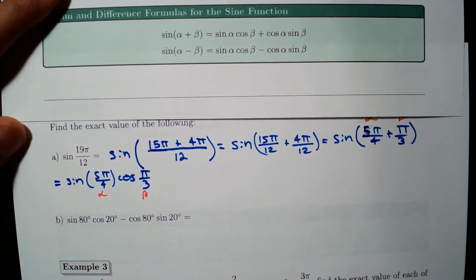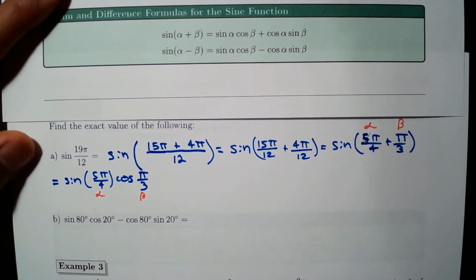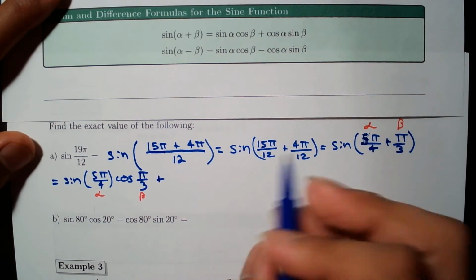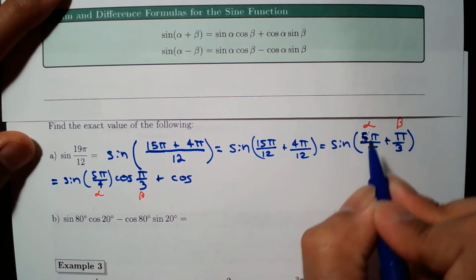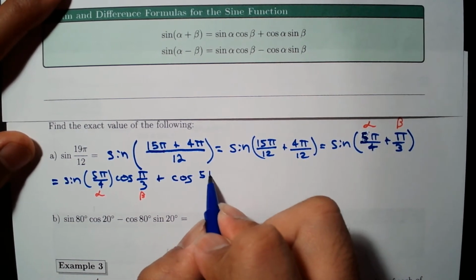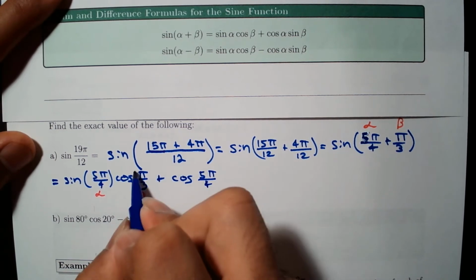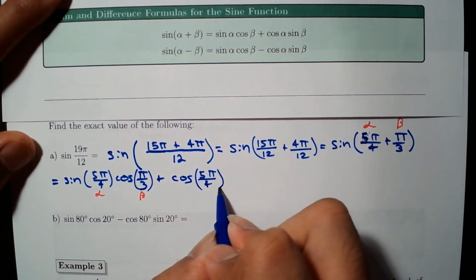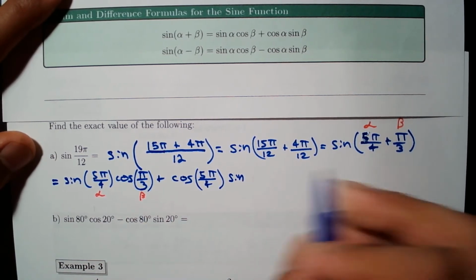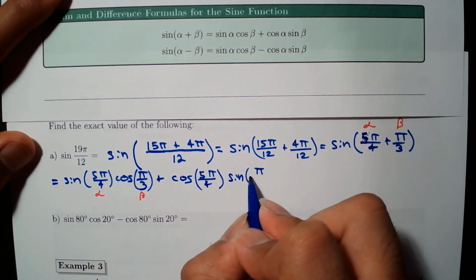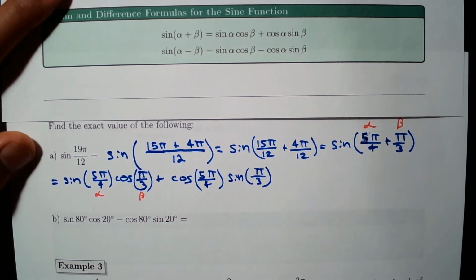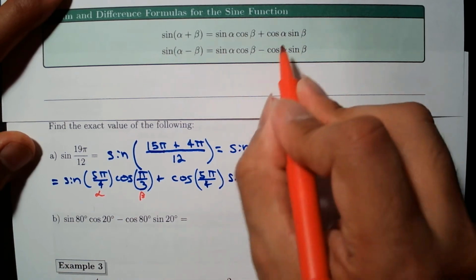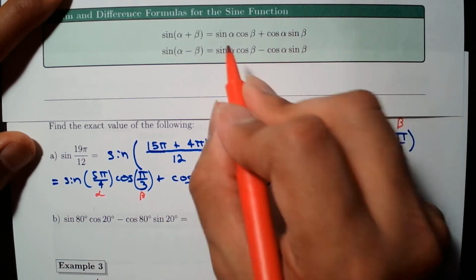Okay, and then plus cosine of alpha, which is 5 pi over 4, sine pi over 3. Again, that's alpha and beta.